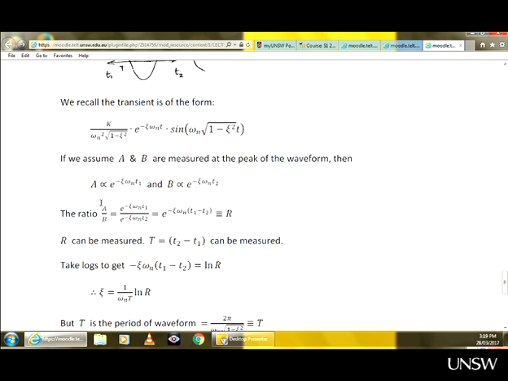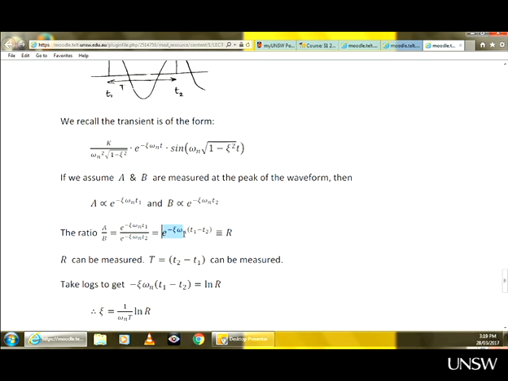The ratio of the two amplitudes will be equal to the ratio of these two exponential functions, which will be equal to e to the minus xi omega n times T1 minus T2. So all you need is the difference between those two times, T1 minus T2. This ratio of two amplitudes is called the logarithmic decrement.